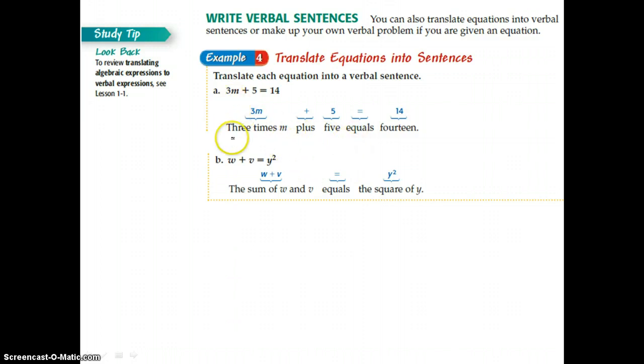So instead of having the English version and writing it algebraically, you have the algebra version, you're writing it in English. Here's another one. The sum of w and v, which is right here, equals the square of y. Or you can say y squared. So there's some different variations you can do saying these, but it still comes out the same way.